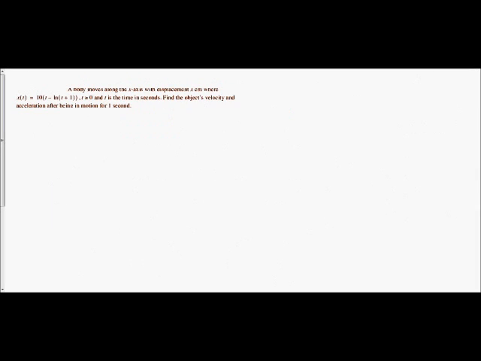Now, next question: a body moves along the x-axis with displacement x centimeters. So this is displacement, where x of t is given as a function which is 10 times t minus ln of t plus 1. And obviously the value of t is positive because it's the time and it's in seconds.